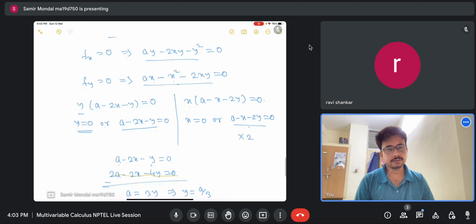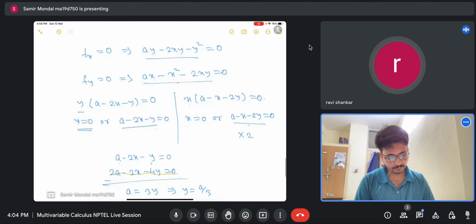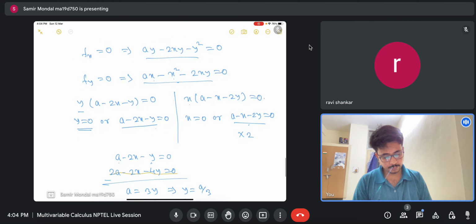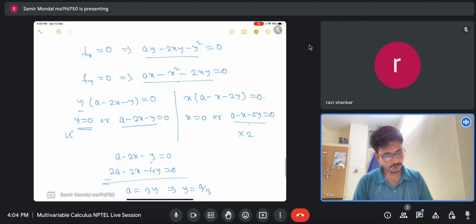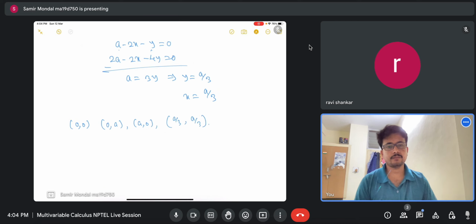So you have to put y equal to 0 here, we will get x equal to a. So another possibility is 0, a. Similarly you will get a, 0, and your a by 3, a by 3. So you can see that these three are on the boundary.